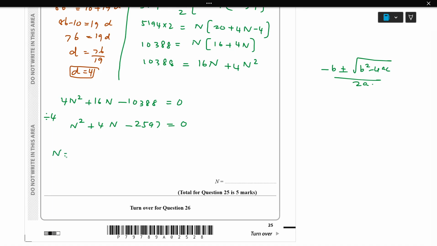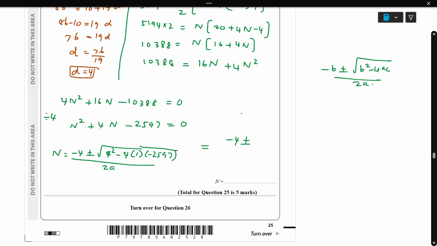I'll use this. n equals minus b, so minus 4 plus or minus square root of 4 square minus 4ac. 4 into a is 1 and c is minus 2597, over 2a. So use a calculator. When you simplify, you will get minus 4 plus or minus square root of, which gives 102 over 2.